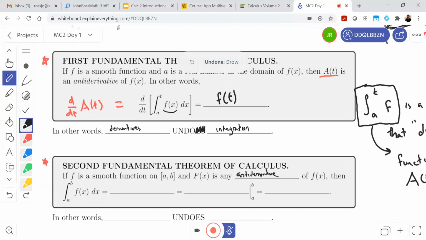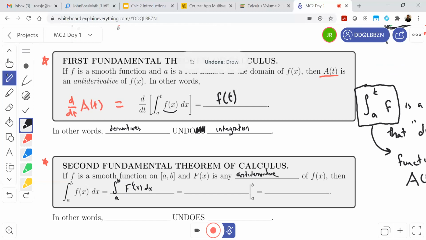I could rewrite this, and it feels a little unnecessary here, as the integral from a to b of capital F prime of x dx. Again, if capital F is an antiderivative of little f, then little f is the derivative of capital F, and so little f is just equal to big F prime.